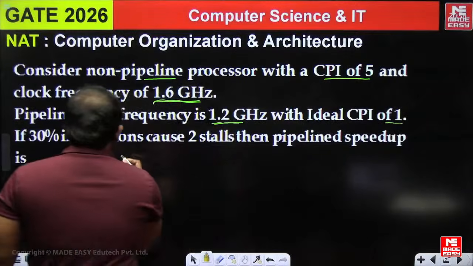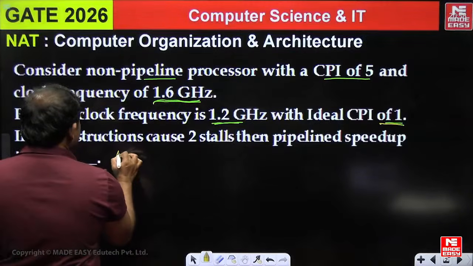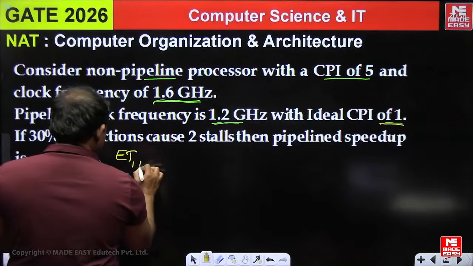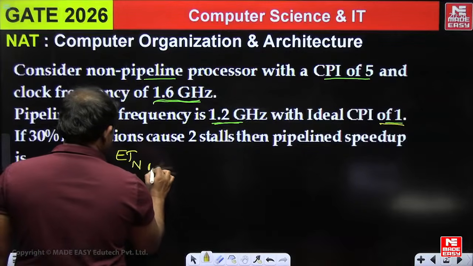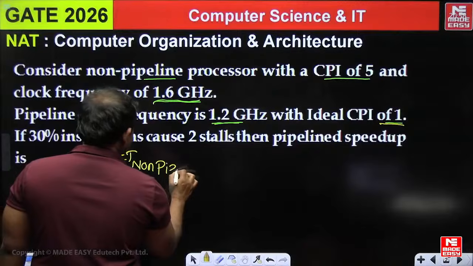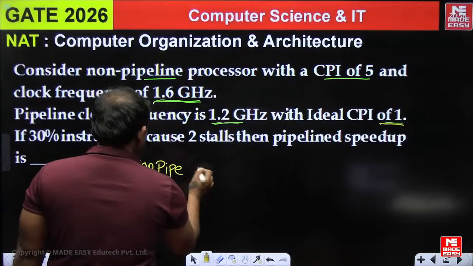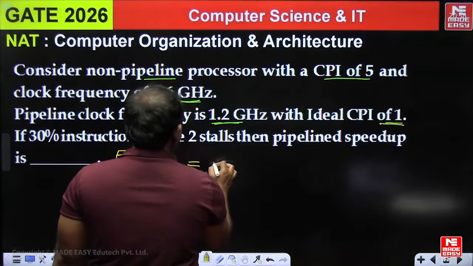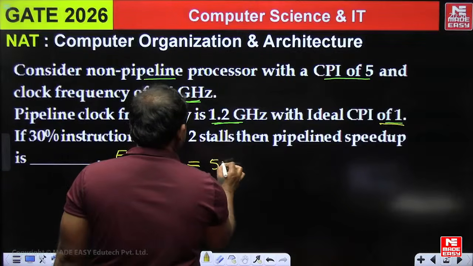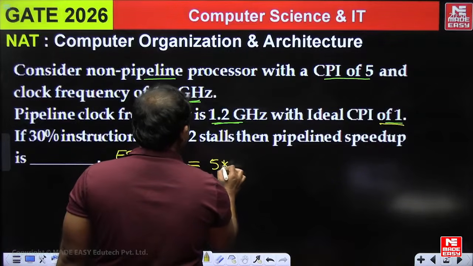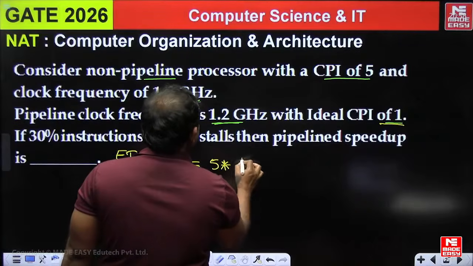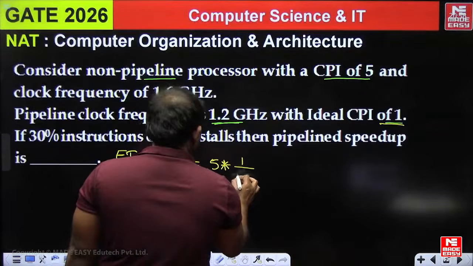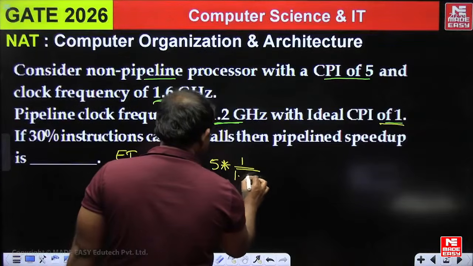First of all, execution time of non-pipeline is equal to CPI, that is 5, into cycle time, 1 upon 1.6 nanoseconds.